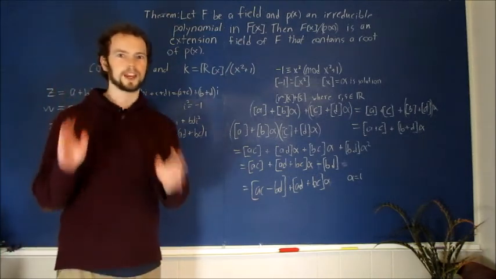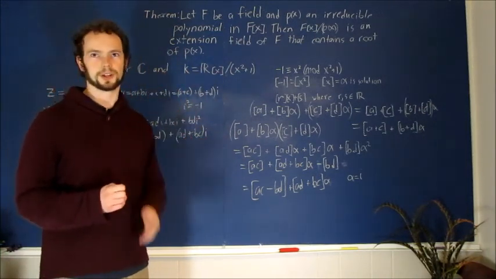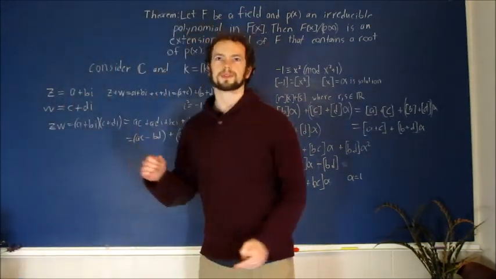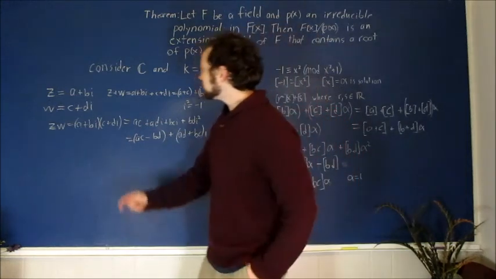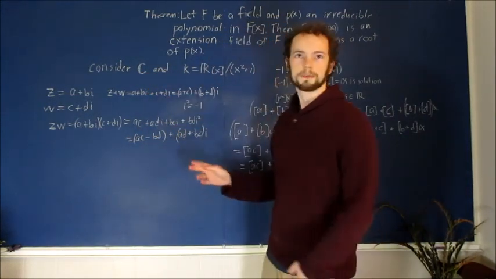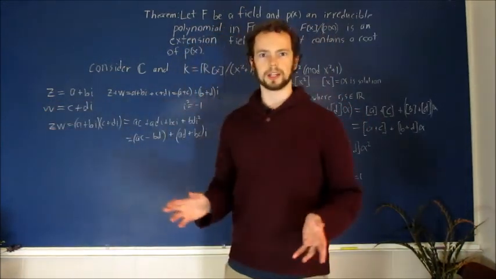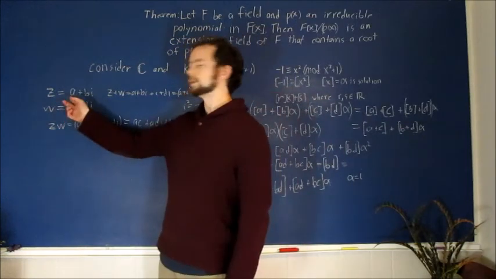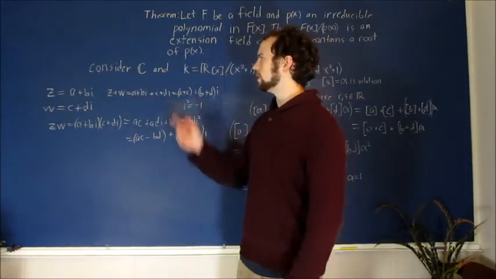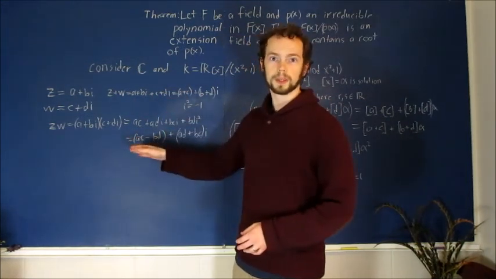One of my favorite applications of this theorem is about the complex numbers, denoted by C here. I can make two arbitrary complex numbers, z and w, and right here I've written out the familiar addition and multiplication rules.